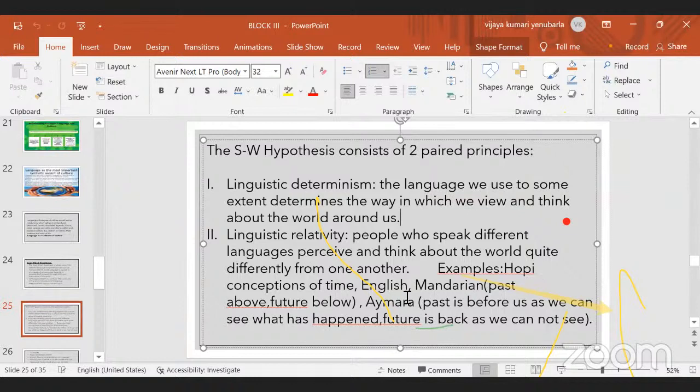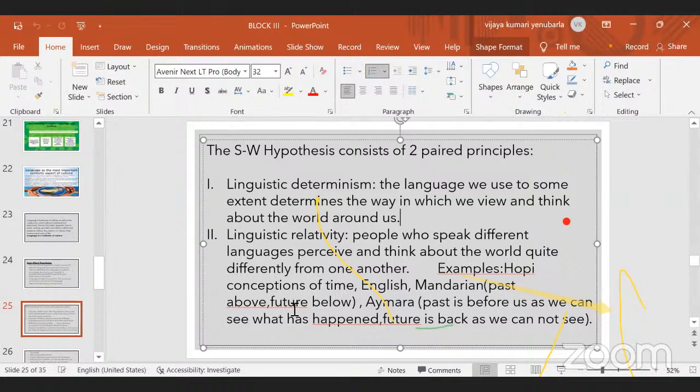You cannot break that. And another example is English and Mandarin. Here, vertical and horizontal representations are practiced. Mandarin speakers say past is above and future is below. For example, take the grammar section.